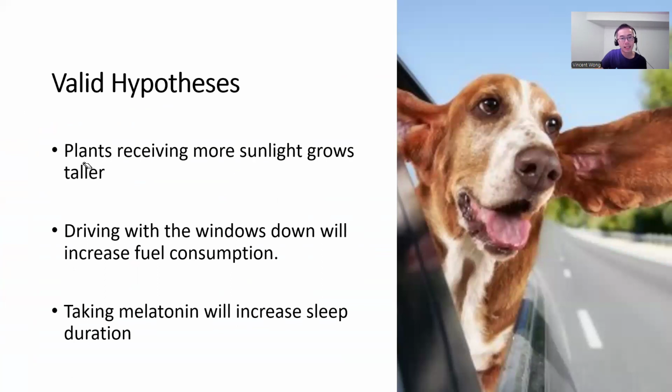All right. Let's say we want to do an experiment that tests the first hypothesis. So what would be the independent variable in this experiment? You cannot control how tall the plant grows, but you can control the amount of sunlight that you give to the plant, right?